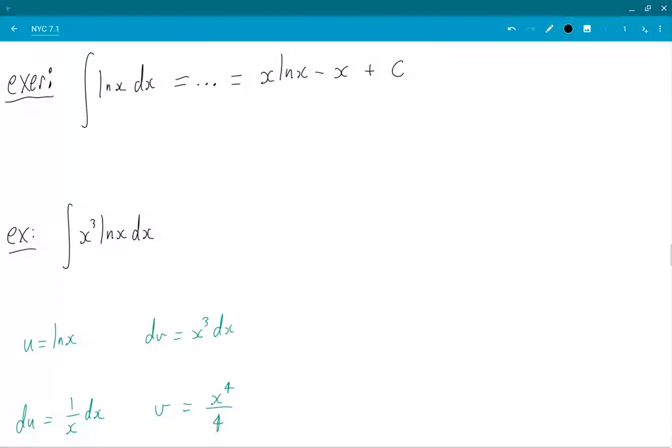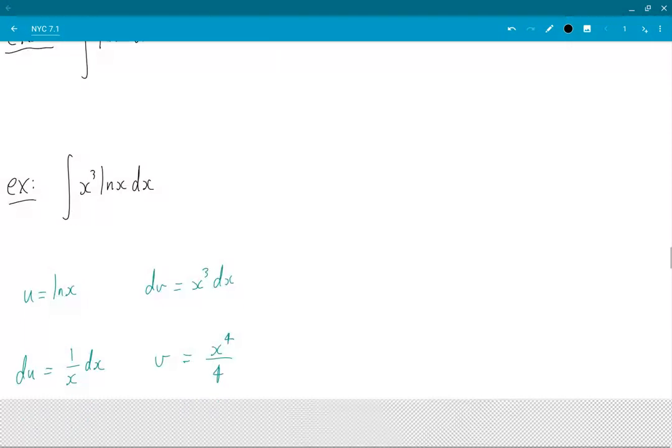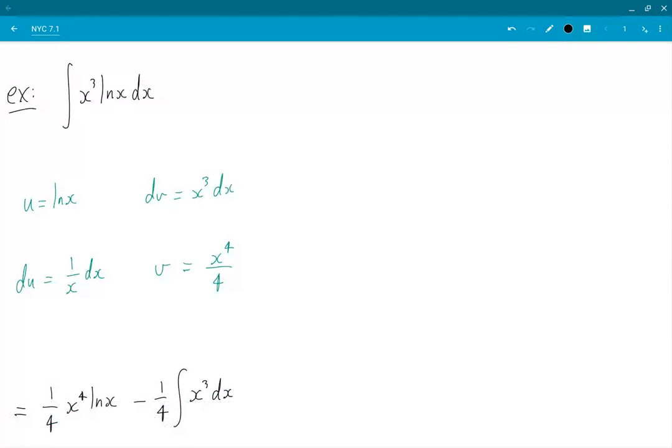Okay, working out du and v gives this. Plug and simplify. Very important.